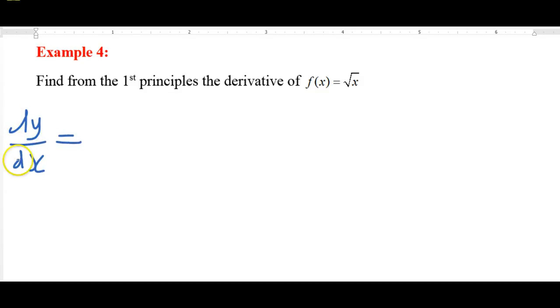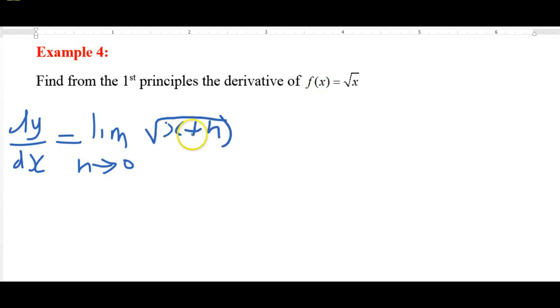So this will be equal to the limit as h approaches 0. We want to write this function, so we are going to have x, and x is x plus h. So everything under square root, minus the function itself, all divided by h.